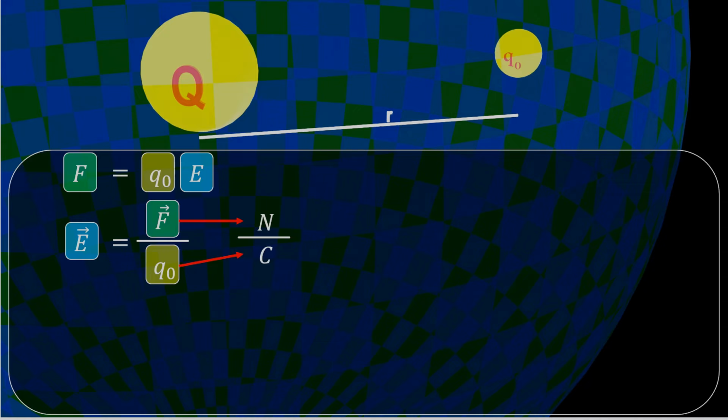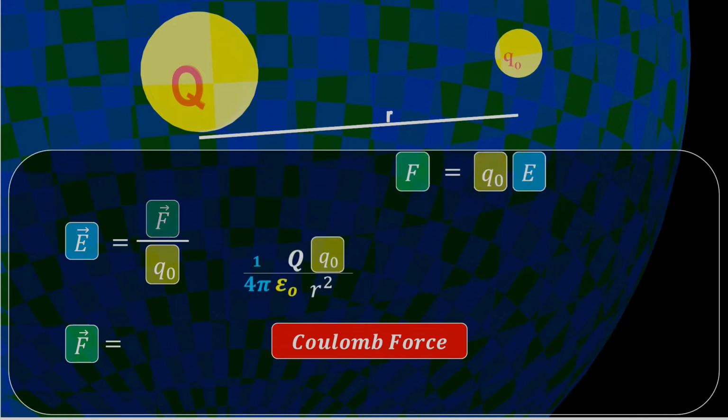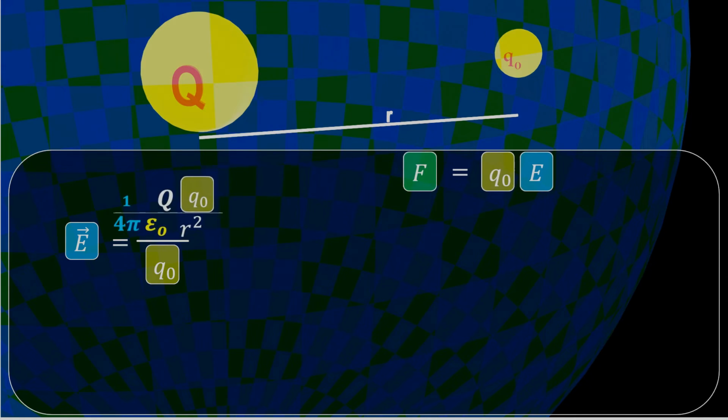In addition to this, we also know about the Coulomb force, according to which force F is equal to 1 divided by 4 pi epsilon naught multiplied by Q1 Q2 divided by r square. In this case, our source charge is represented by capital Q, while Q2 is the positive test charge Q naught. If we place F in the ratio of E equals F by Q, Q naught will cancel out.